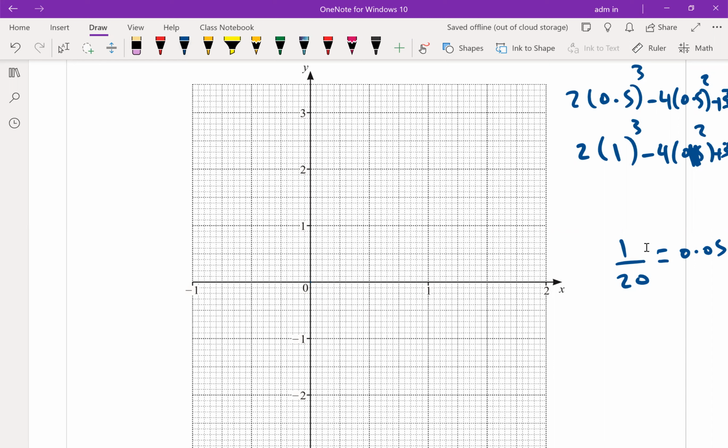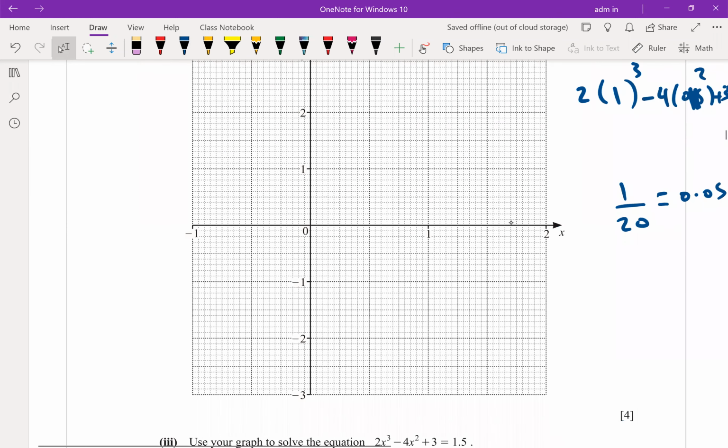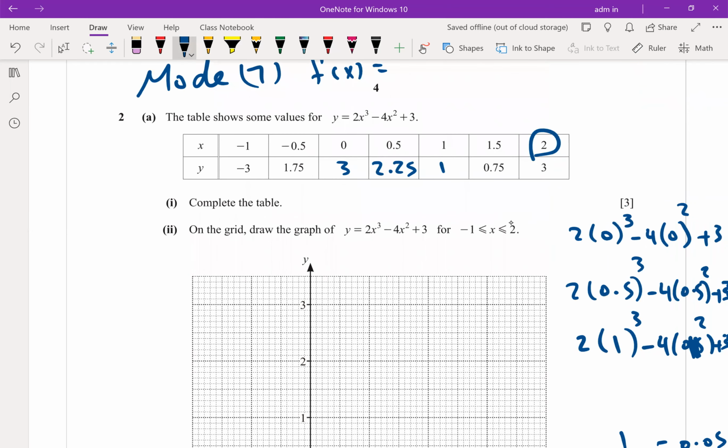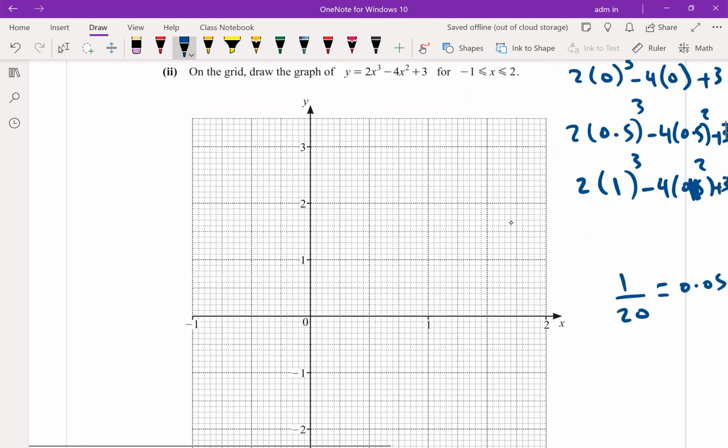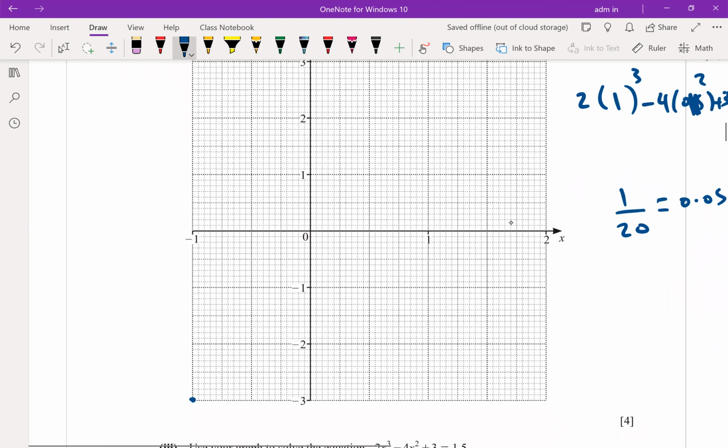But for the y-axis, each small square is 0.1. The first point, -1 and -3. Second point, -0.5 and 1.75, with 1.5 in between, like this.